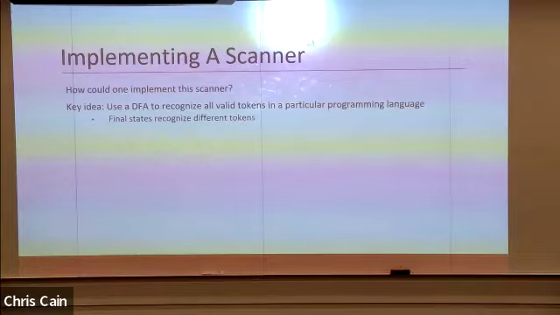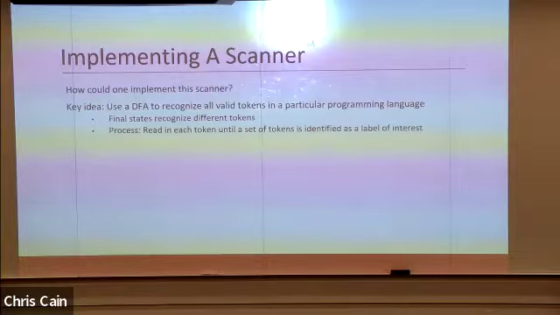Final states would recognize different tokens, and you would read in each token until a set of tokens is identified as a label of interest. As we reach that label of interest, that is a final state. And we could then pass that set of tokens on to say, this is a statement.